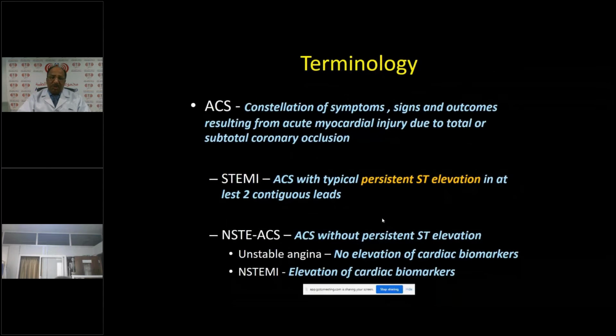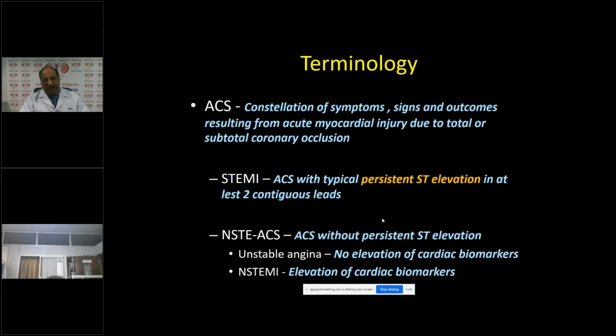Now I will go through some terminology. ACS, or acute coronary syndrome, indicates a constellation of symptoms, signs, and outcomes resulting from acute myocardial injury due to a total or subtotal coronary occlusion.